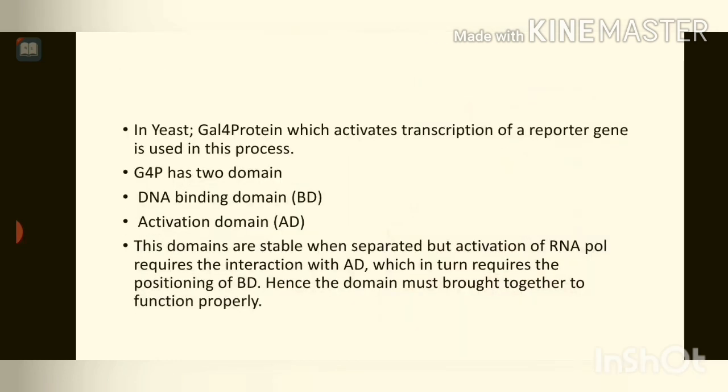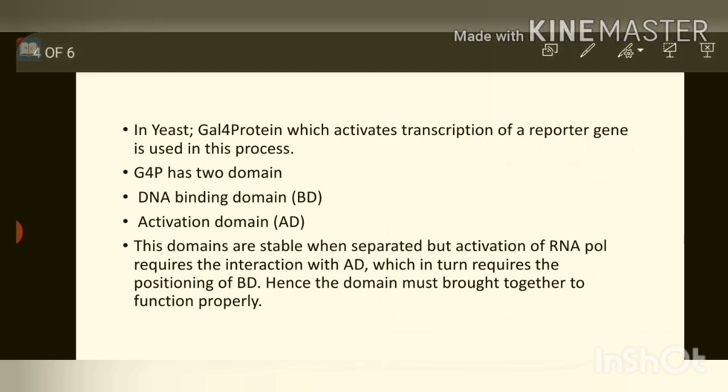Next, in yeast, the GAL4 protein, which activates transcription of a reporter gene, is used in this process. The GAL4 protein has 2 domains, the DNA binding domain and the activation domain.